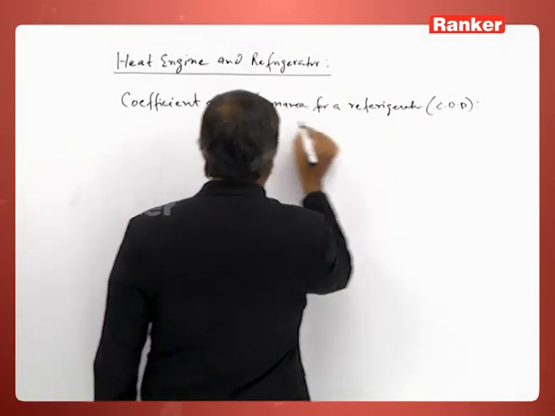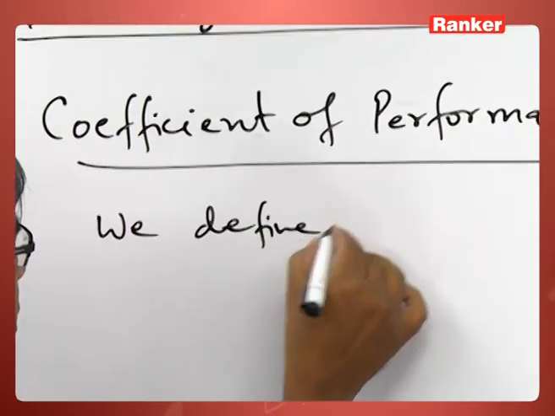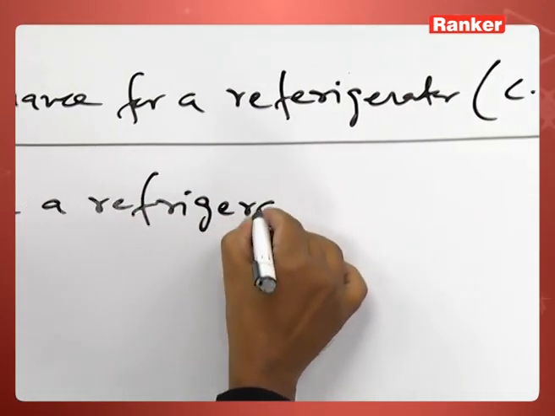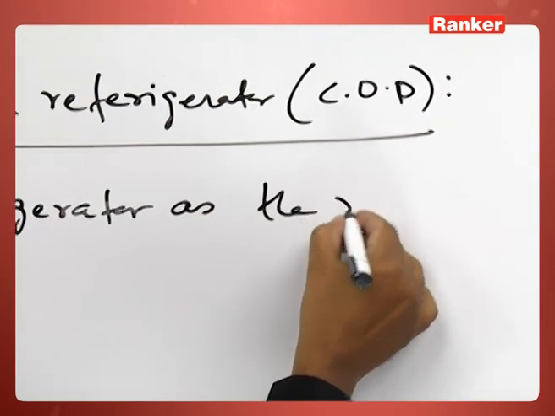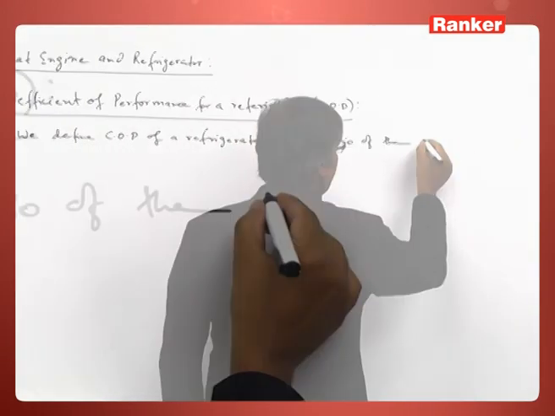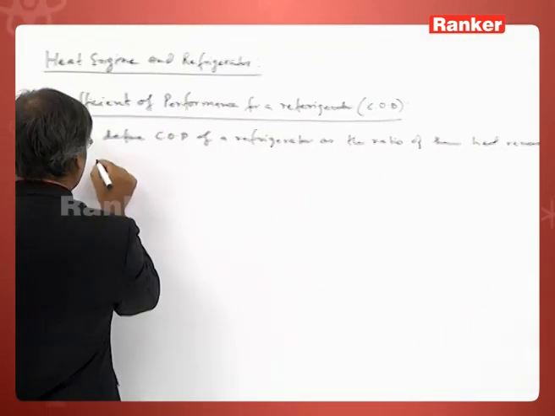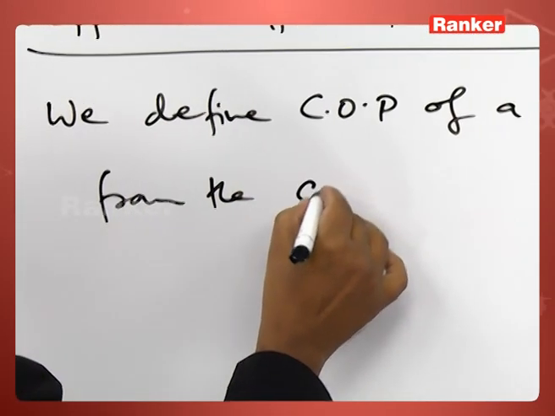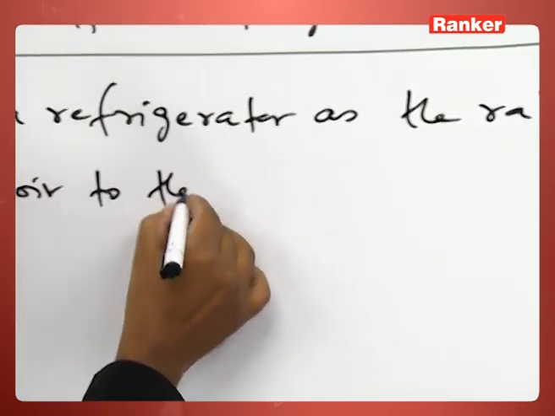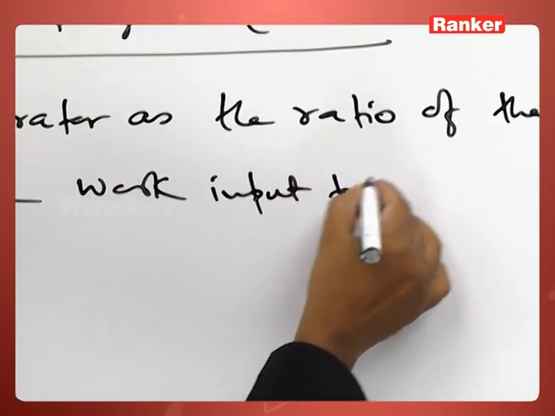In short, we denote it by C. So we define COP of a refrigerator as the ratio of the heat removed from the cold reservoir to the work input to the system.